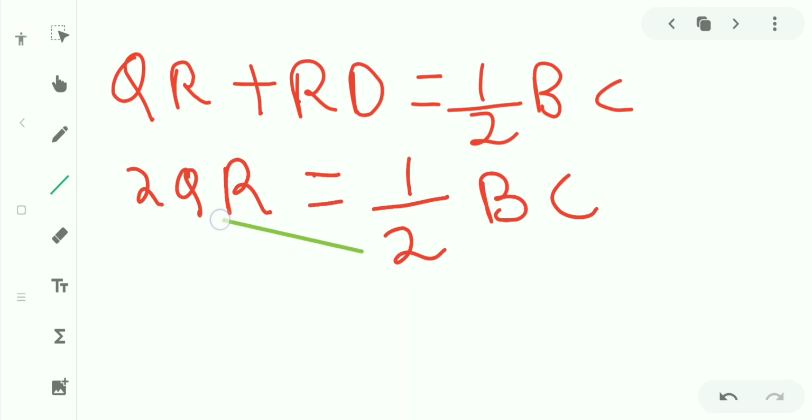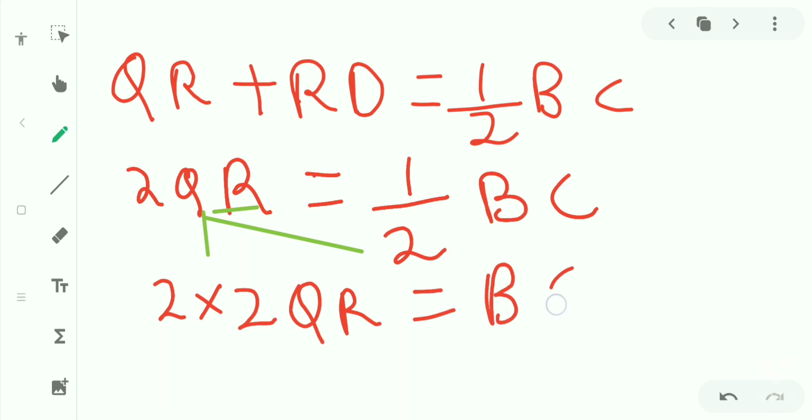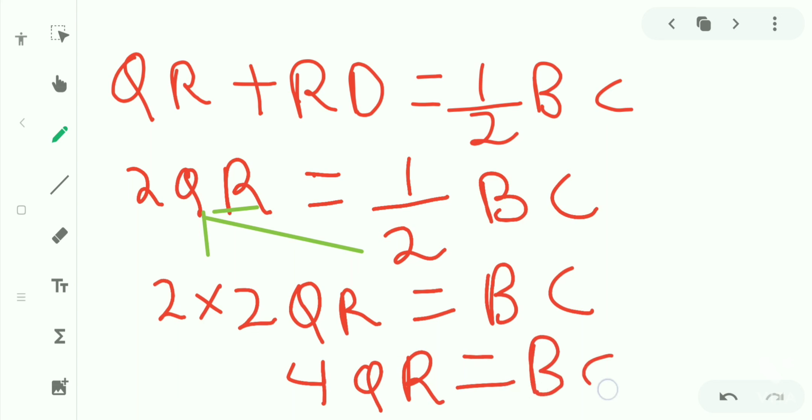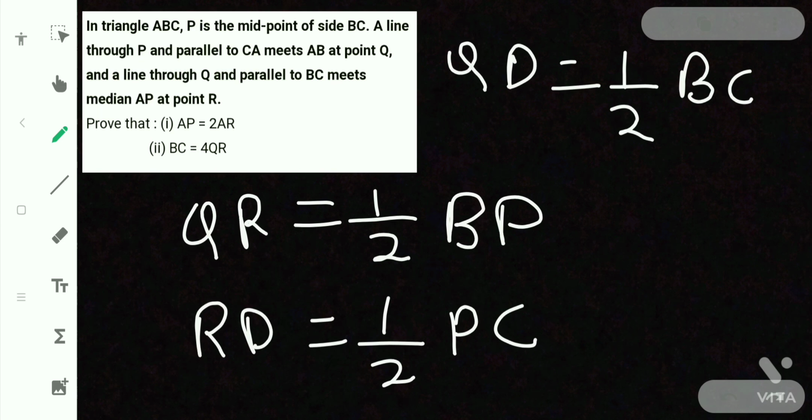Now, on transposing the 2 to the LHS, we get 2 into 2QR is equal to BC, so 4QR is equal to BC. 4QR is equal to BC, and that is what they asked us to prove.